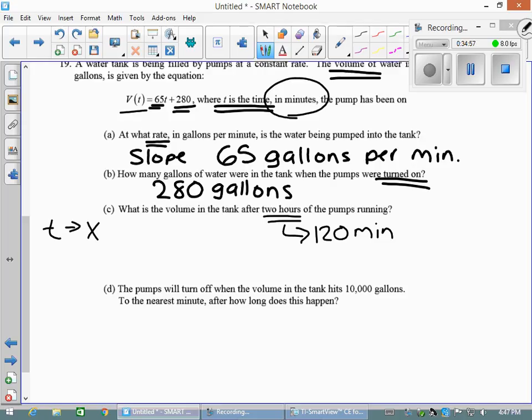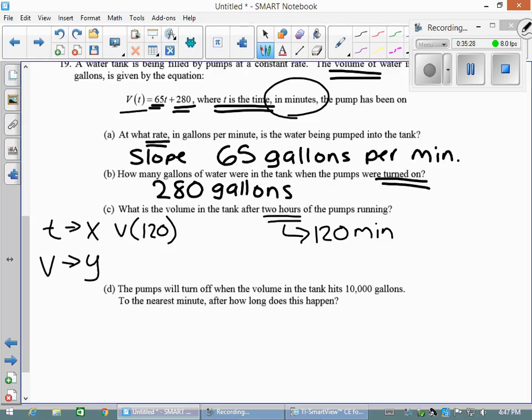So what is the volume in the tank after 2 hours of this pump? Right. So time, 2 hours, is actually our x value, or our input. So when we go to solve this, we want to put our 120 as our input to our function. So V of 120, plugging in that, is going to be 65 times that 120 plus 280.